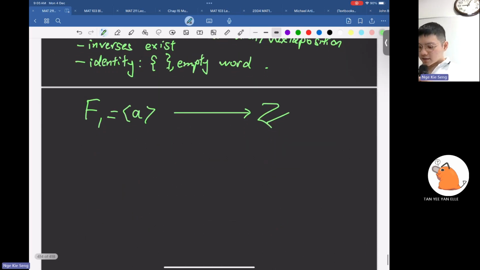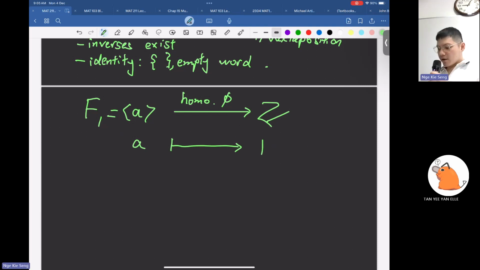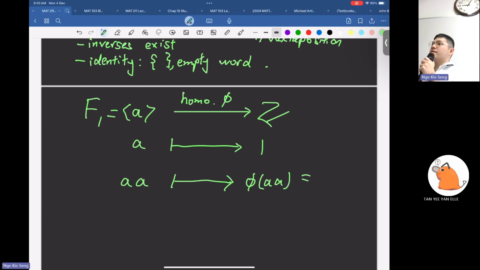So I define this homomorphism here: I send A to 1. How about AA? Where should AA get sent to? This should be phi of AA. What should phi of AA equal to? Phi A times phi A.